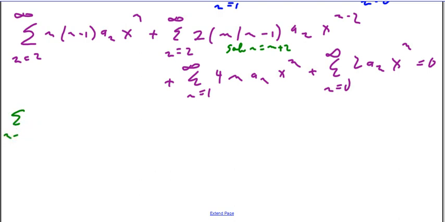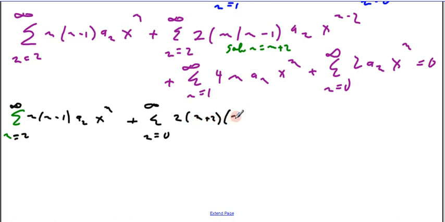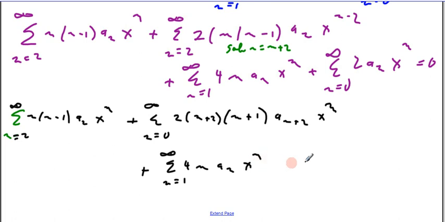Summation n = 2 to infinity n(n-1) a_n x^n, plus summation n = 0 to infinity 2 (n+2)(n+1) a_(n+2) x^n, plus summation n = 1 to infinity 4n a_n x^n, plus summation n = 0 to infinity 2 a_n x^n, is equal to 0.